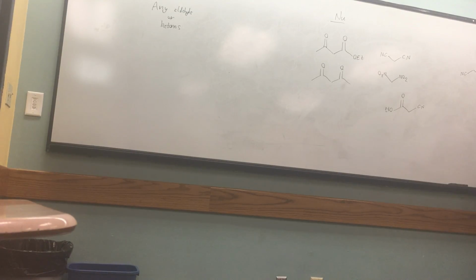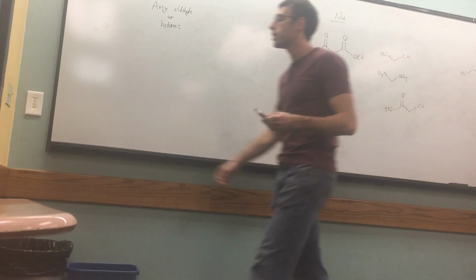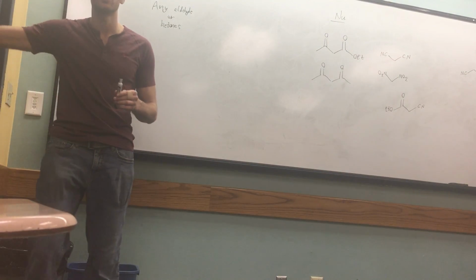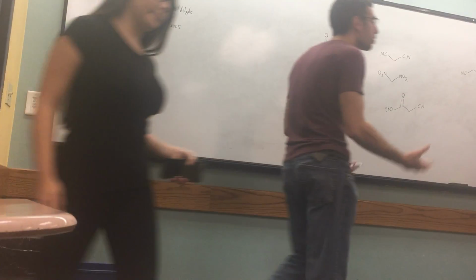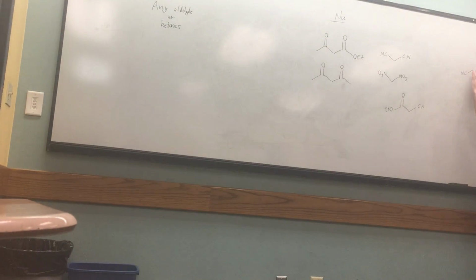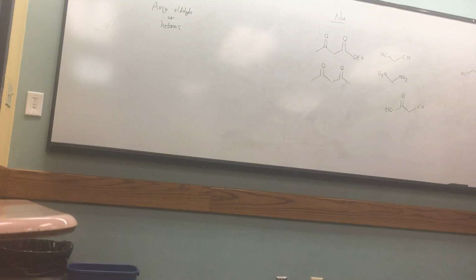One way you could automatically tell it's a Novonagel reaction is the CN, the dinitrile. You have two carbonyl analogs attached to each other with one carbon. So in this case, what would our new component be? The CN. What would our E component be? The other one. What would our product be over here? A combination of both.